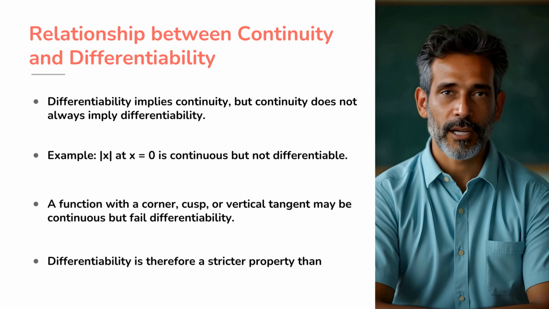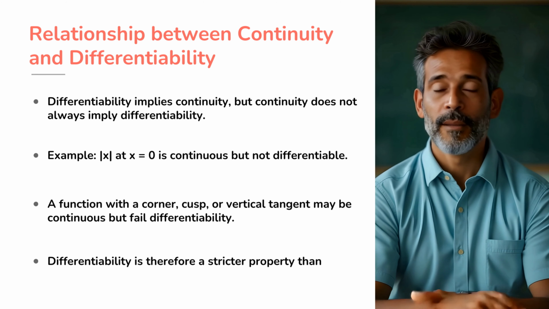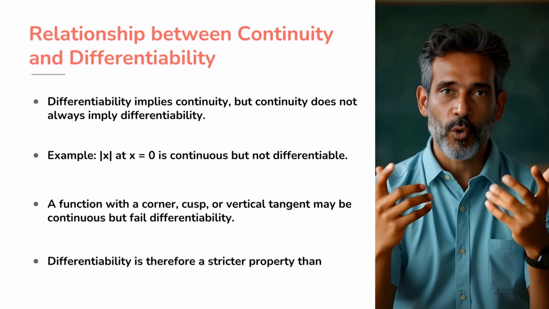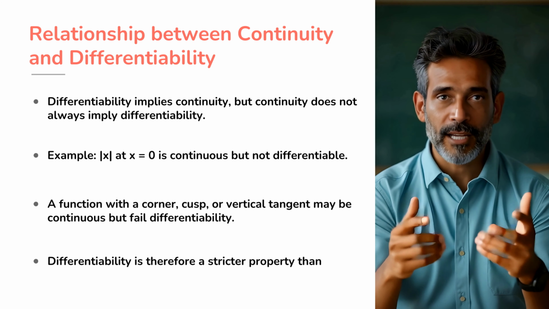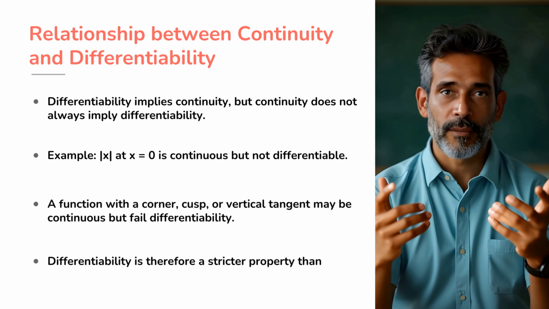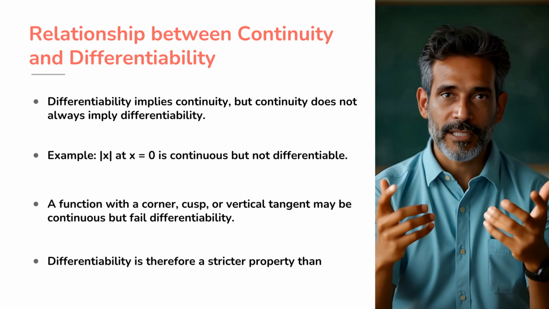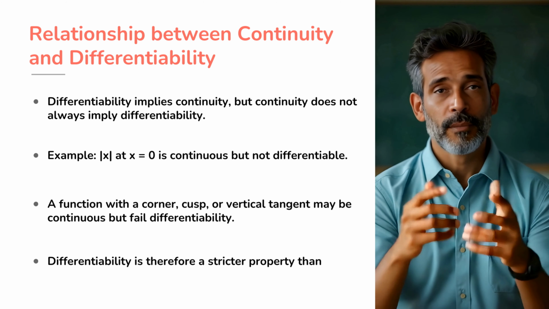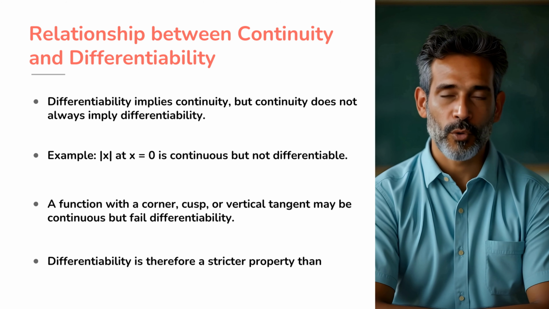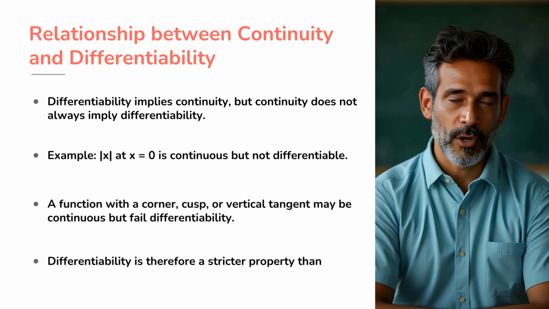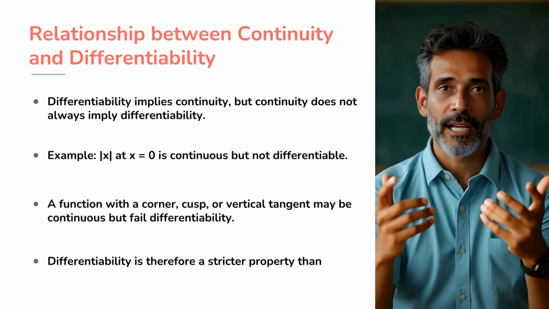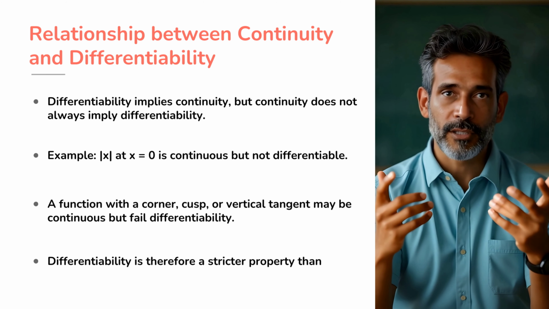Now let's compare continuity and differentiability. Differentiability always implies continuity, but continuity alone does not guarantee differentiability. Take again the function f of x equals modulus of x. It is continuous at 0, but as we saw earlier, it is not differentiable there because of the corner. Other examples include cusps and vertical tangents.